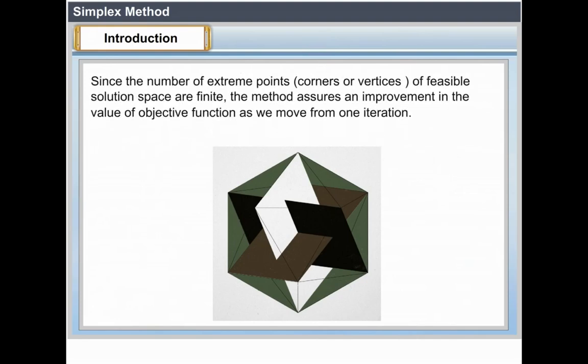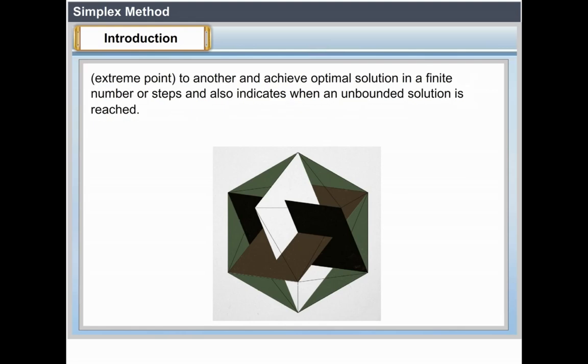Since the number of extreme points, corners or vertices of feasible solution space is finite, the method assures an improvement in the value of objective function as we move from one extreme point to another and achieve optimal solution in a finite number of steps, and also indicates when an unbounded solution is reached.